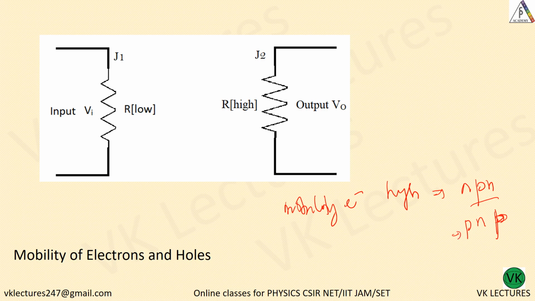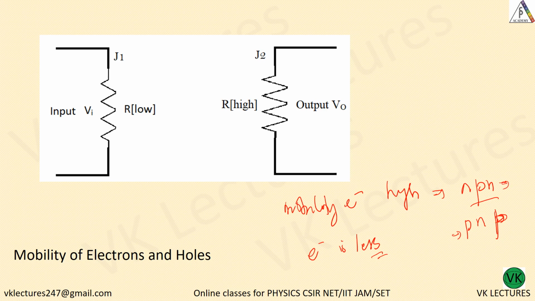The resistance offered by the crystal to electrons is less than to holes. That means when holes move through the crystal, they offer high resistance, but not much to the electrons. That is why NPN is more preferred.